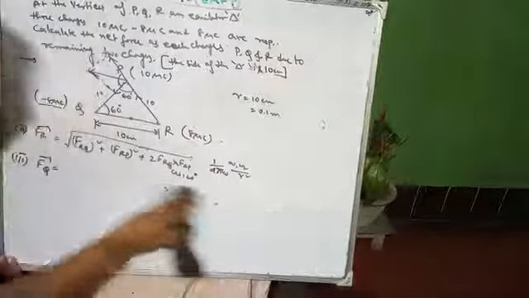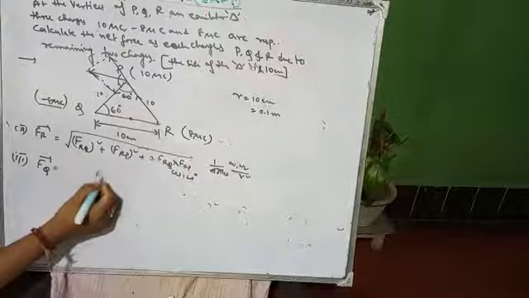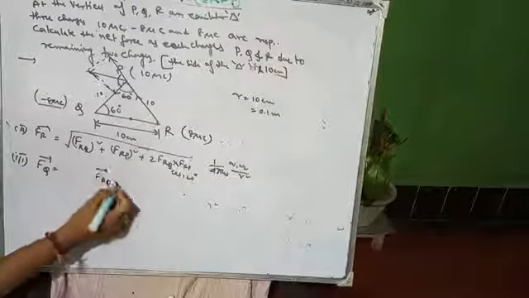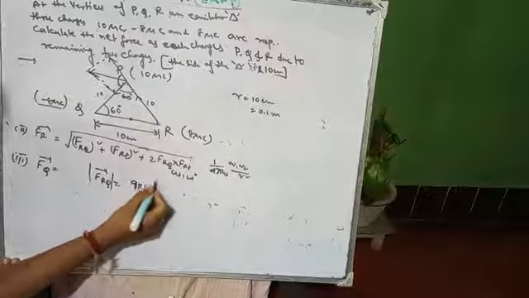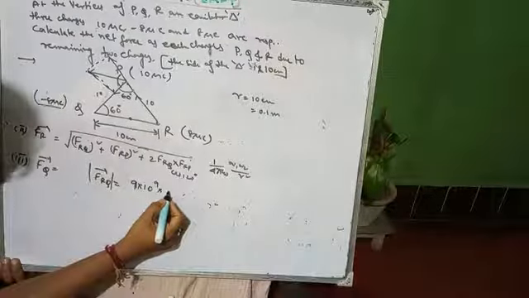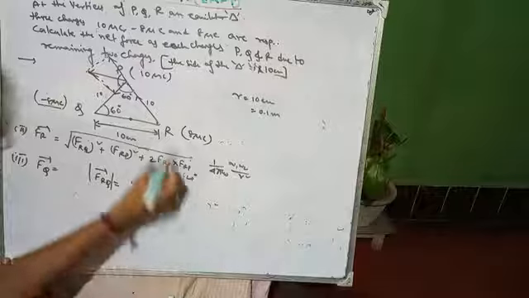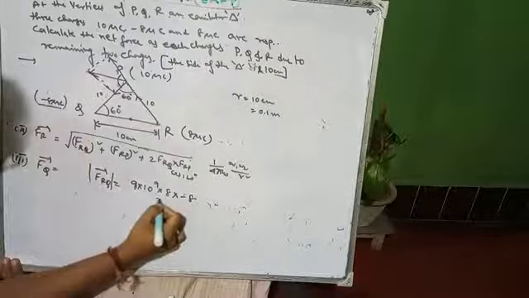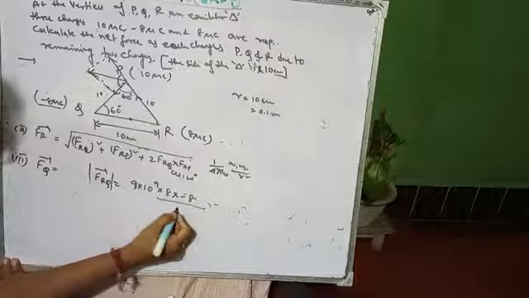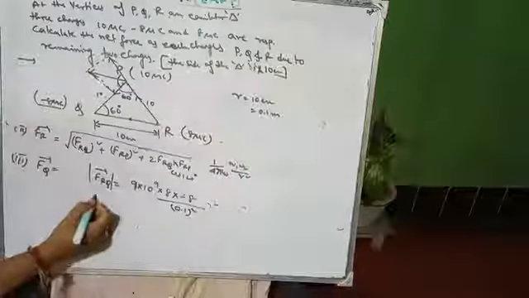So just find this f of rq. What will be the f of rq? F of rq equals 1 by, that is 9 into 10 to the power 9 into r means 8 microcoulomb, q means again minus 8 microcoulomb, by r square, that means 0.1 square, okay? So this is your f of rq.